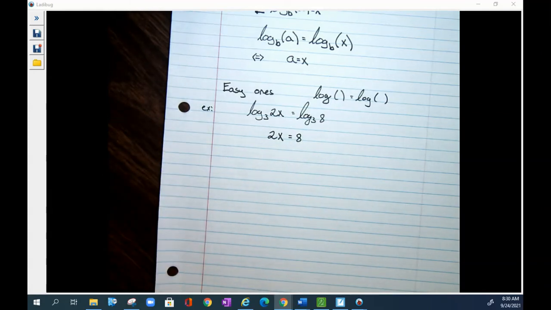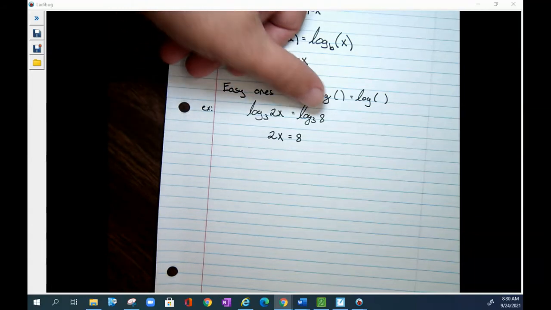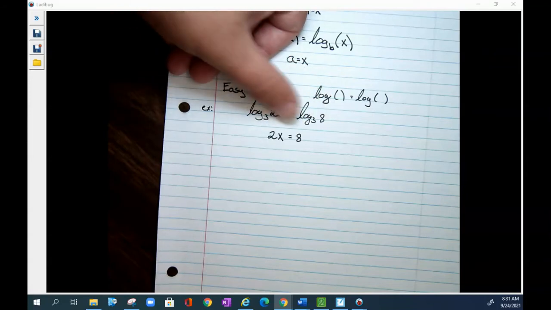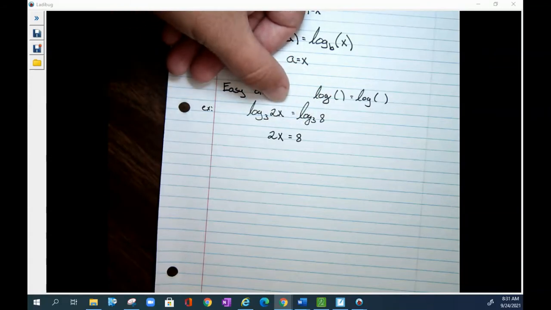I want you to notice something that I could do if I really wanted to, but I did not do. Okay? I did not evaluate log base 3 of 8. If I had, I could still solve for this and still go and get an equation that I can solve, but it makes the problem harder.